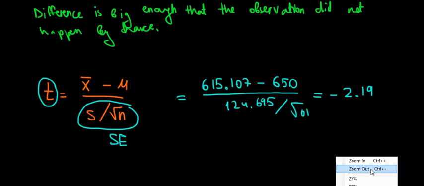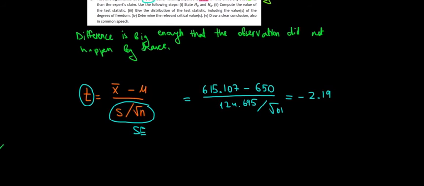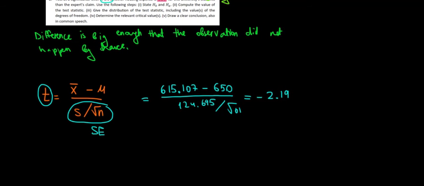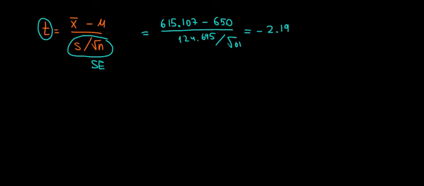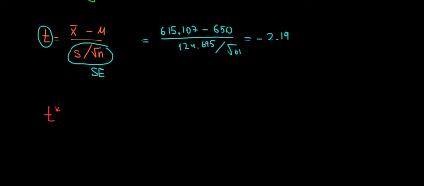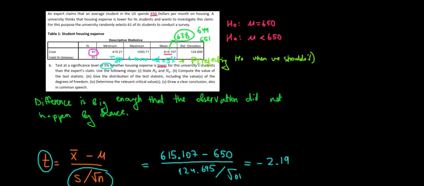Let me zoom out so we have more space. So what's going to be the critical value here? Because it's a one sample test, we will have a critical value. One more thing that matters when we're checking for the critical value: what kind of test do we have? We have a one-sided test.